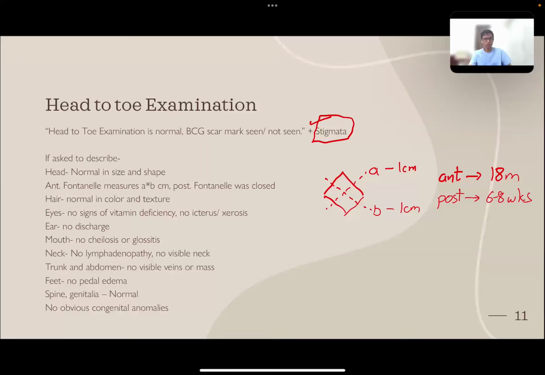There are no signs of vitamin deficiency in the eyes, no icterus or xerosis, no ear discharge, no cheilosis or glossitis in the mouth, no lymphadenopathy in the neck, no visible neck veins. In the trunk and abdomen, there were no visible veins or mass, no pedal edema, spine and genitalia were normal, and there were no obvious congenital anomalies. That is about your head to toe examination.